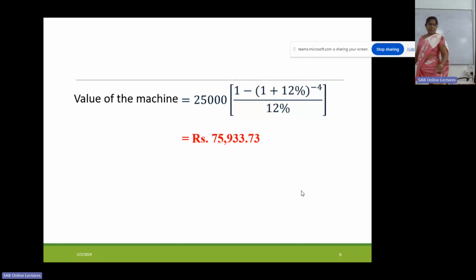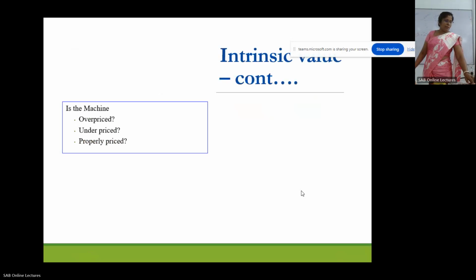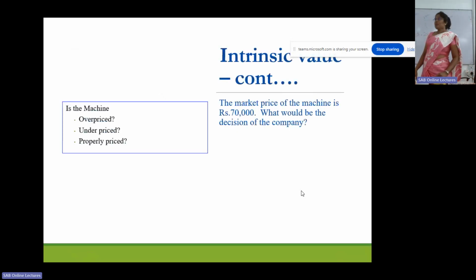But here, the price is 70,000. Is the machine overpriced, underpriced, or fair priced? In the marketplace, the machine is trading for 70,000. Is it overpriced, underpriced, or fair price?